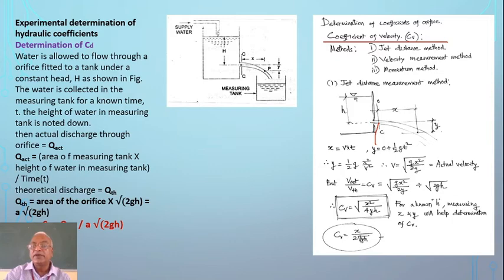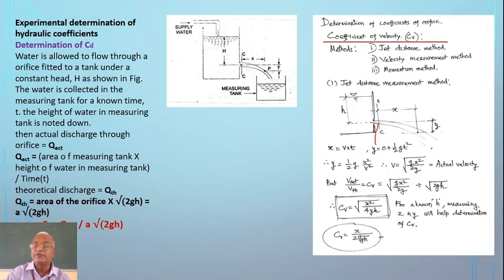Horizontal velocity, if I consider it as v, the distance moved in time t is vt, at any general arbitrary time. y will be equal to ut plus half gt squared, where u is the initial velocity, vertically it is 0, so half gt squared. Now common from both is t.